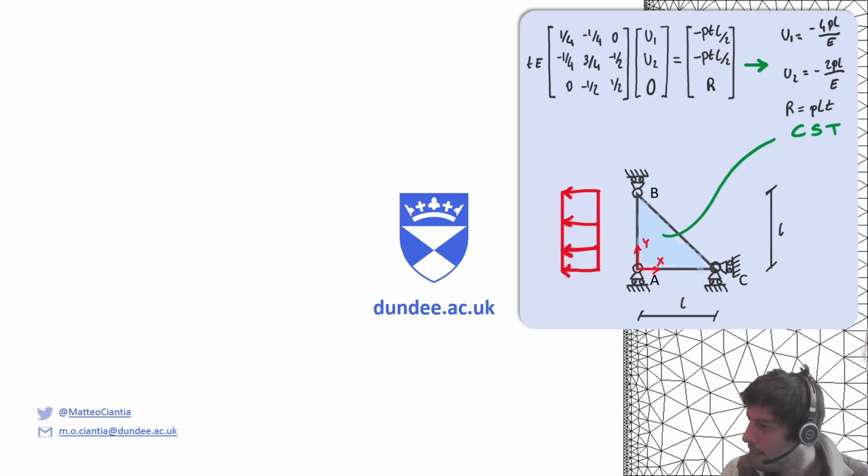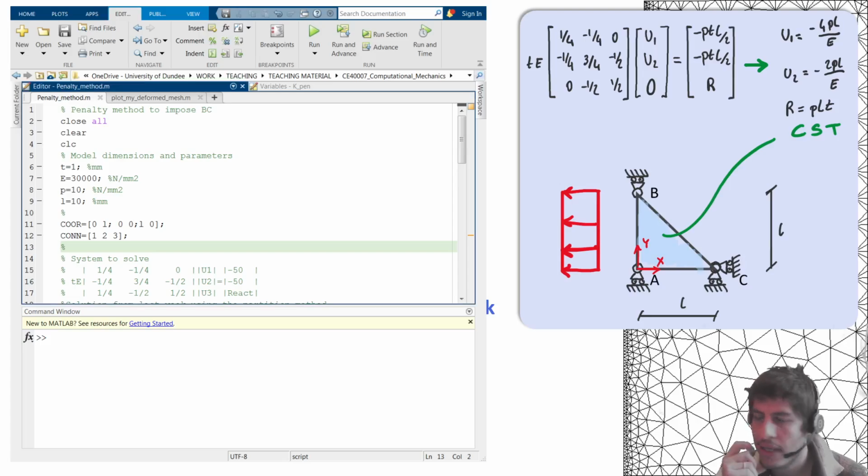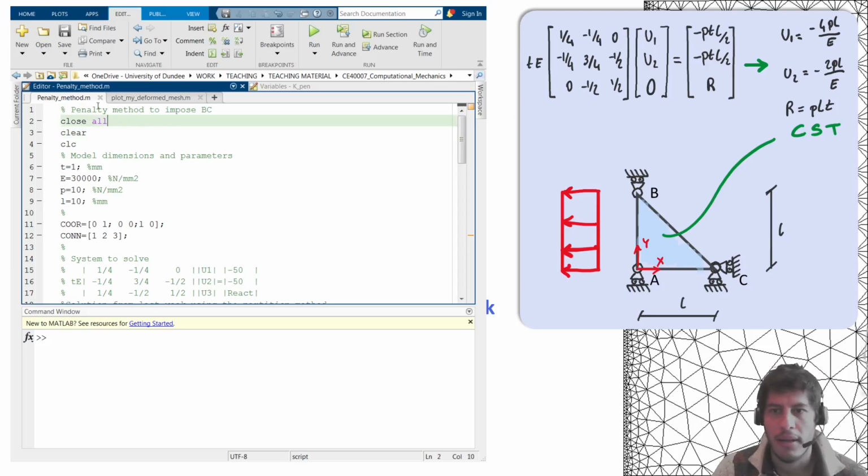So I have a MATLAB script here that I'm going to go over, that is solving the same problem using the penalty method. These scripts are provided if you look at the folder on Blackboard.